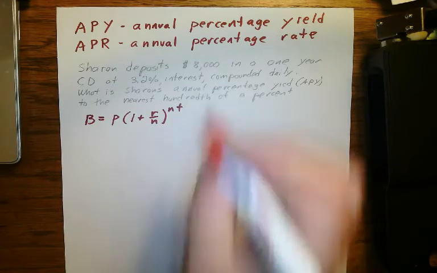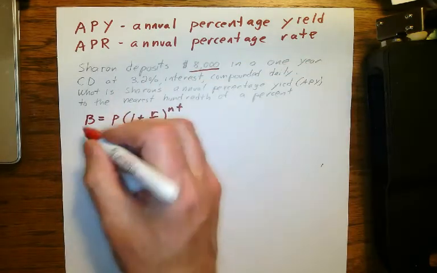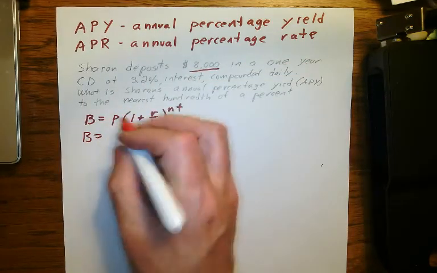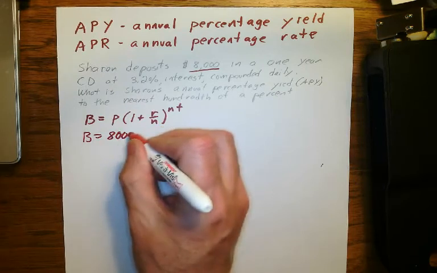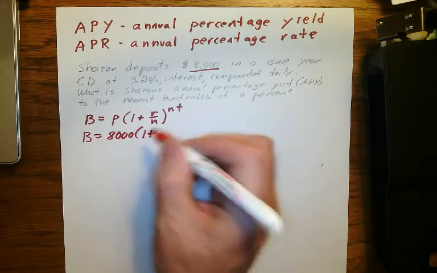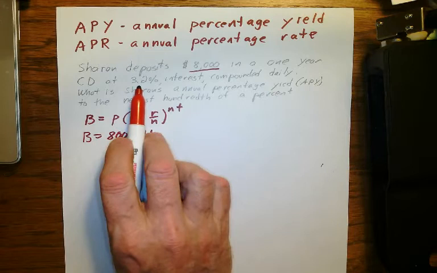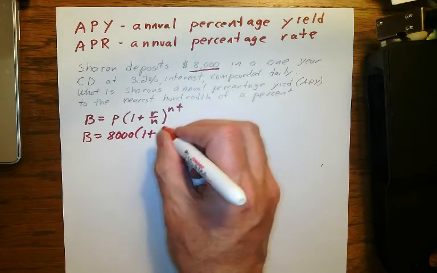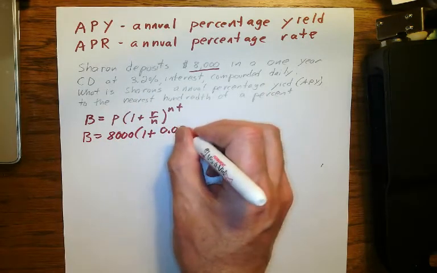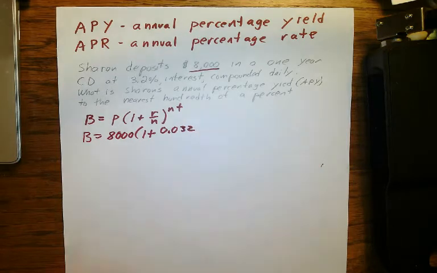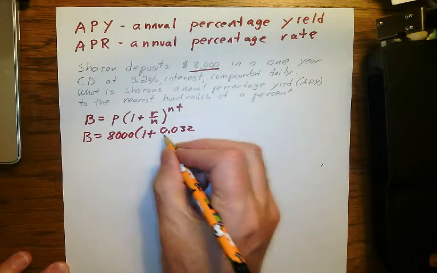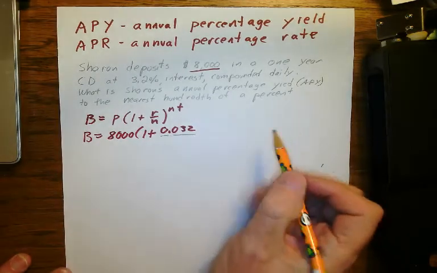So here, Sharon deposits $8,000. That's going to be the principal. That's what we're starting with. The rate is 3.2%, so when you make that a decimal, it's 0.032. I'm going to switch to pencil. Over N, which is the number of times it's compounded.